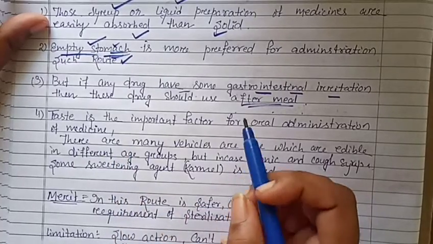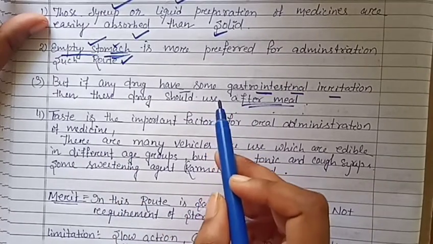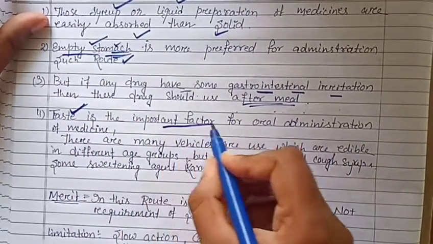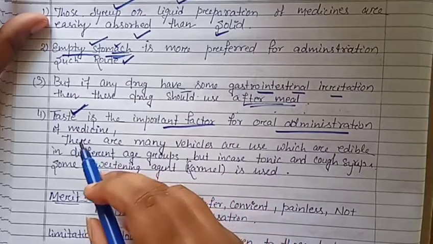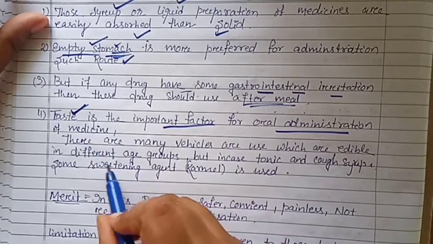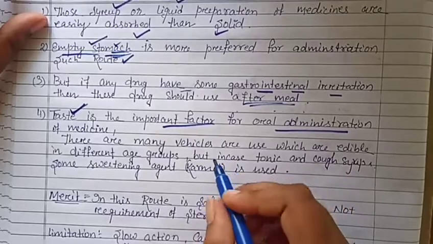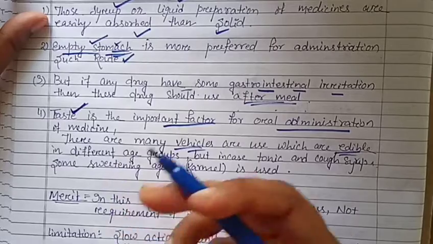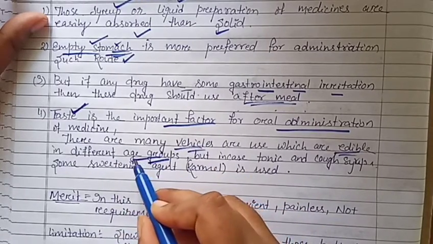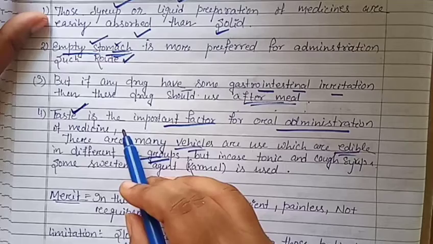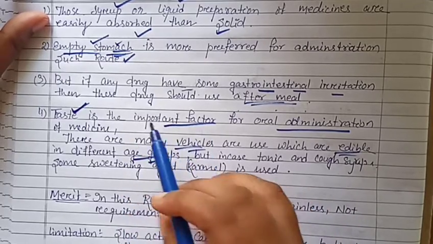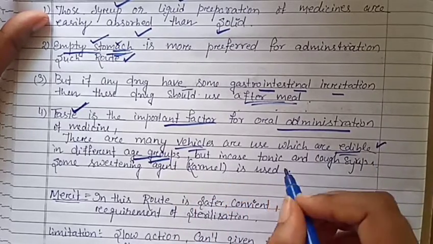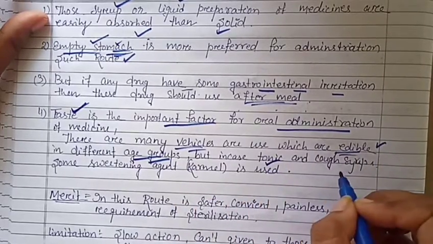One important thing to remember in the oral route is that taste is an important factor of oral administration. Why? Because many types of vehicles are used for taste, since patients of different ages take the medicine by the oral route, and if the taste is not edible, then we use a tonic or cough syrup.